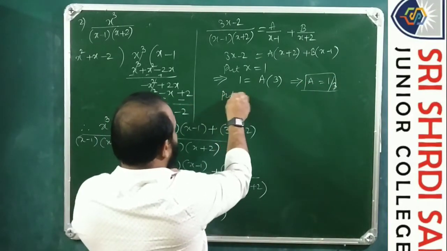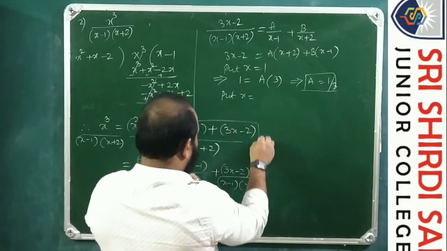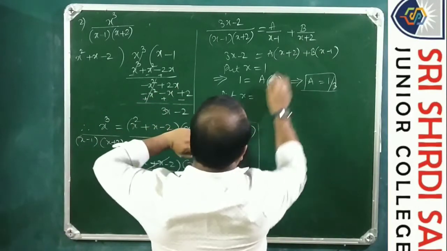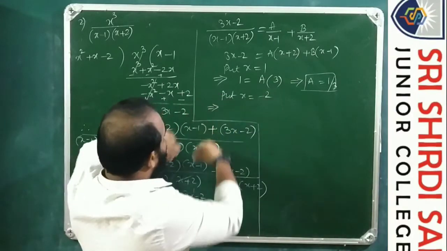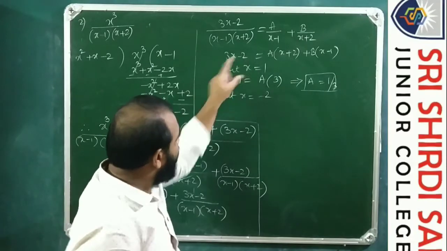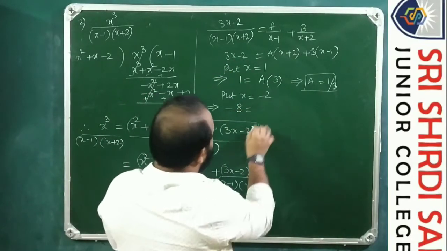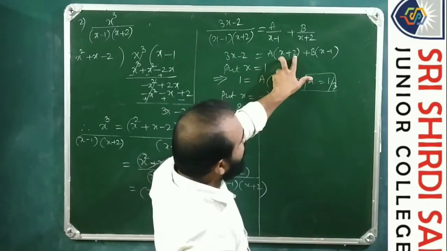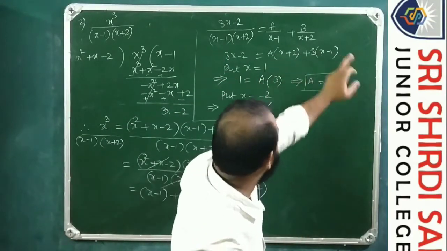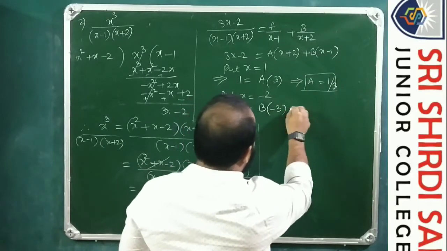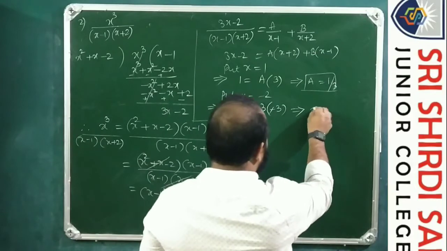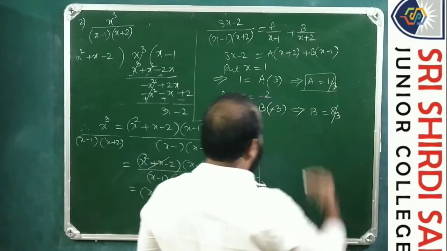Put x equals to minus 2. 3 into minus 2 is minus 6, minus 2, so minus 8 is equal to a into minus 2 plus 2, which is 0. So b into minus 2 minus 1, minus 3. So minus on both the sides gets cancelled. b is equal to 8 by 3.